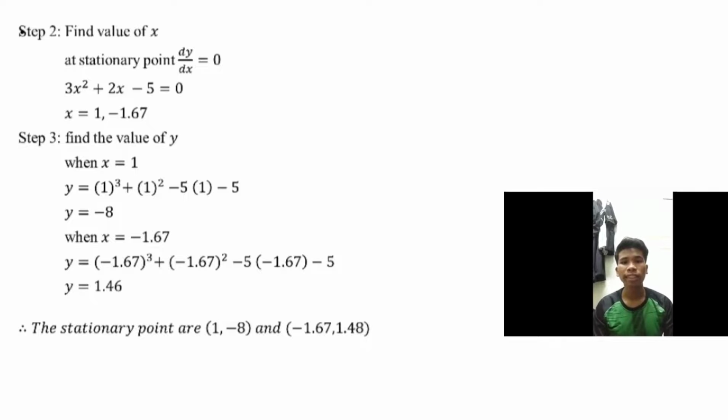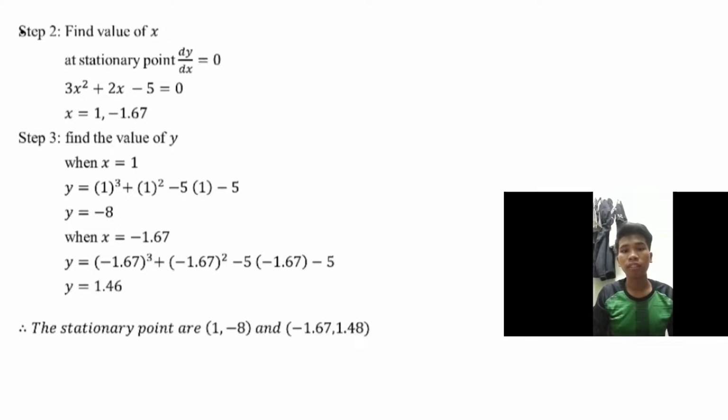Then we will find the value of y for the second x by replacing x with negative 1.67. y equals negative 1.67 to the power of 3 plus negative 1.67 squared minus 5 times negative 1.67 minus 5. The result is y equal to 1.48.